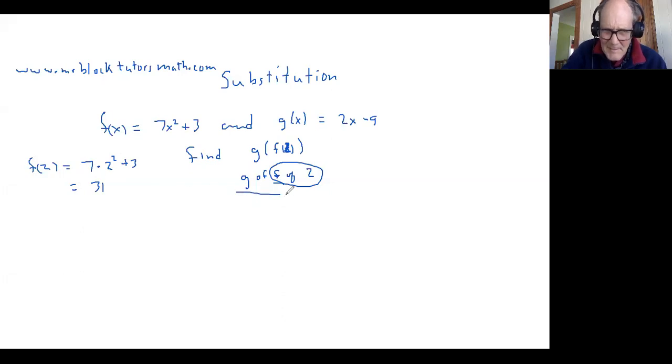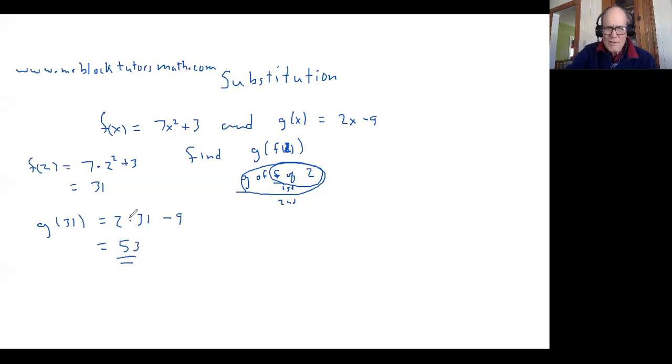And then I take g of that result. So I do this first. I take f of 2, and then second, I take g of that result. Well, g of 31 is 2 times 31 minus 9, which is 62 minus 9, or 53.